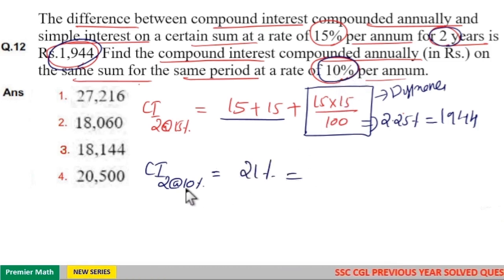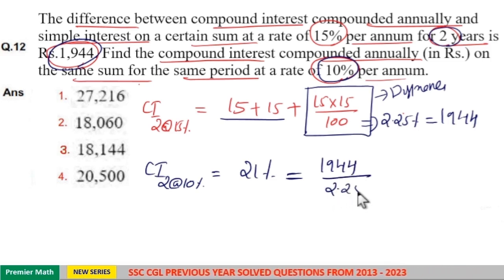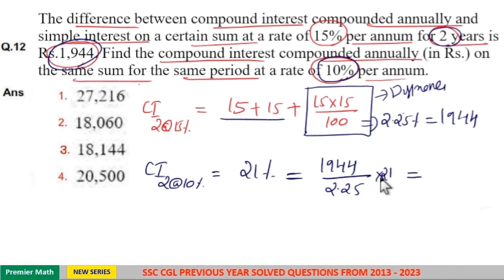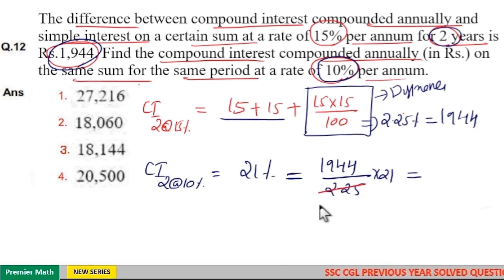21% is the compound interest for 2 years at 10% per annum, which is equal to, if 2.25% is 1944, then 21% is 1944 divided by 2.25 into 21. Now this is equal to, here if I divide it with 9, to remove this 0.25, I'll add 2 zeros here.